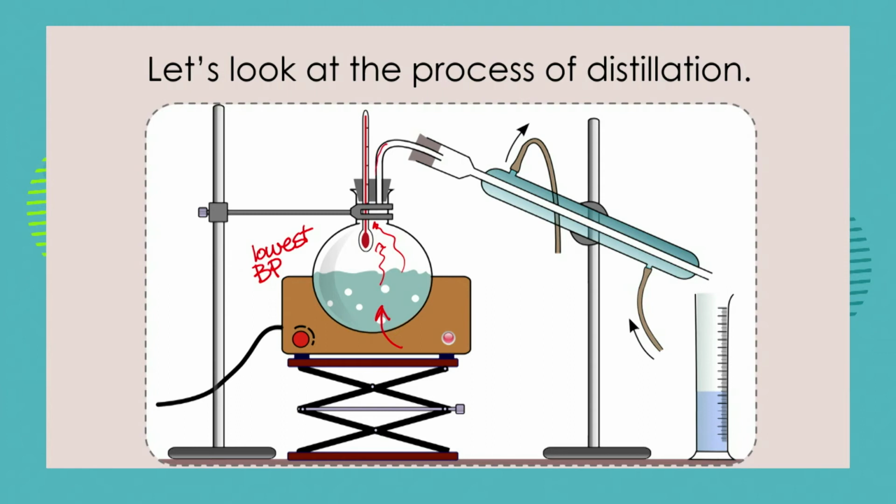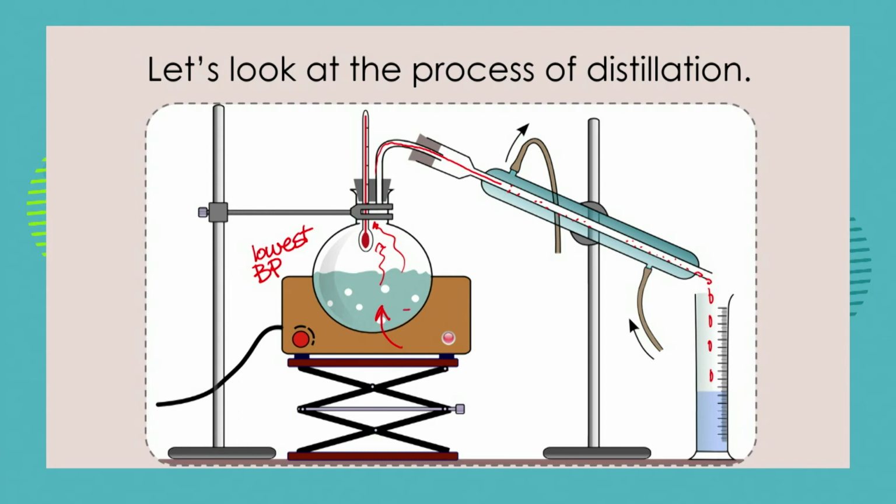It will evaporate and move into the Liebig condenser, where we've got the cold water circulating around the outside of our collecting tube, and that substance will condense and collect in our cylinder. What we will have left behind, of course, is the substance with the highest boiling point.